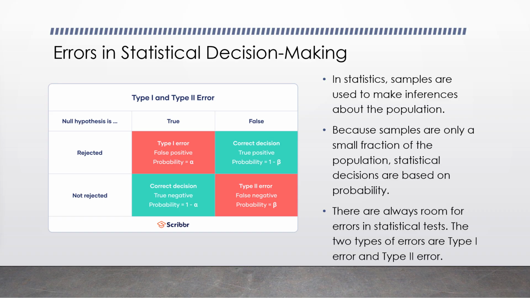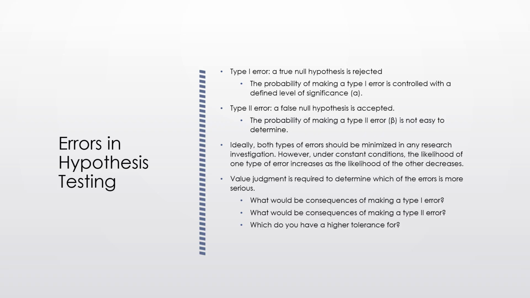Unlike alpha, which we set in advance, the probability of making a type 2 error is not as easy to determine. Ideally, we would want to minimize both types of errors in our research investigations.